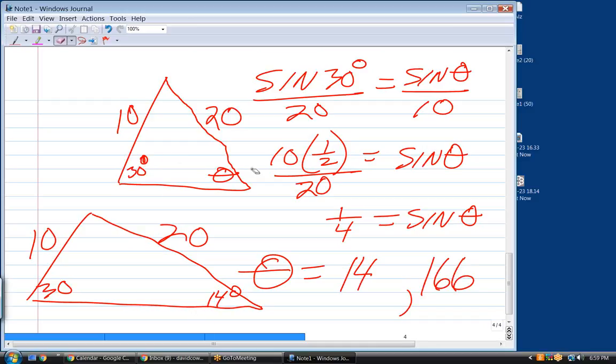The first time we did it, when it was 10 and 8, that came out to be 35 degrees or something. There's room. There's room for that angle. And so you ended up with two different answers. One answer used that as one of the angles, and the other answer used that as one of the angles.